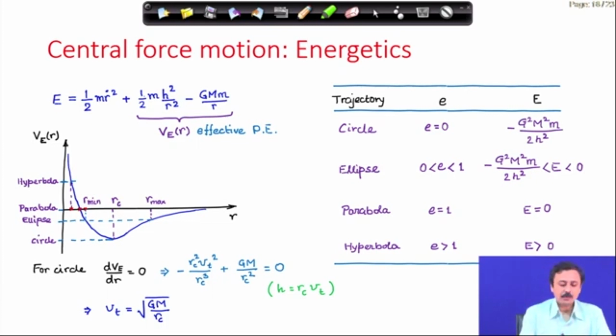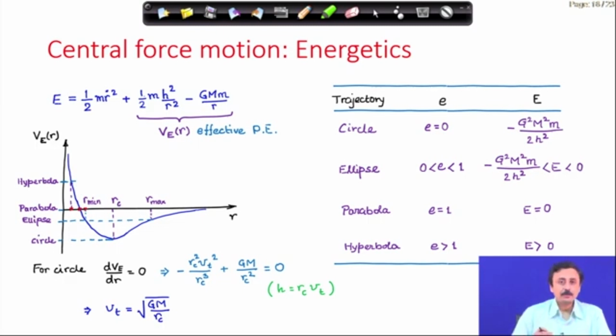We have seen how for a circle it is the bottommost point where there is only one solution. So, the radial coordinate will remain constant, and that is marked by r c. That is the minimum effective potential energy for a circular path.